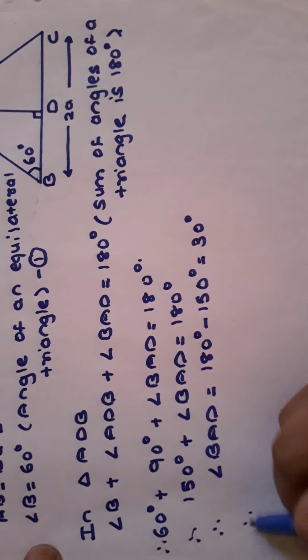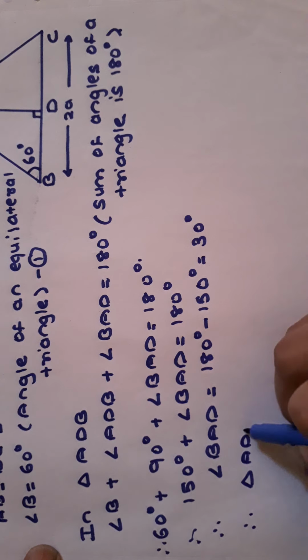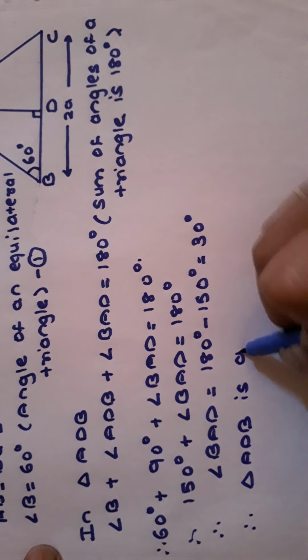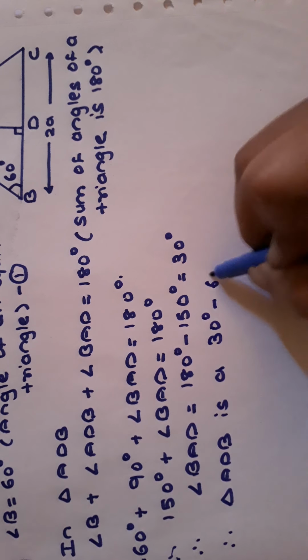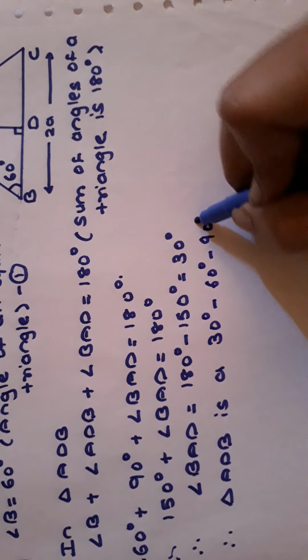And therefore we can say that triangle ADB is a 30-60-90 triangle.